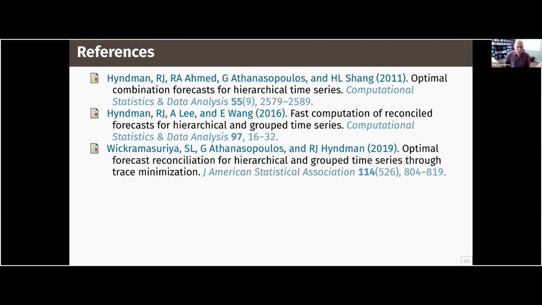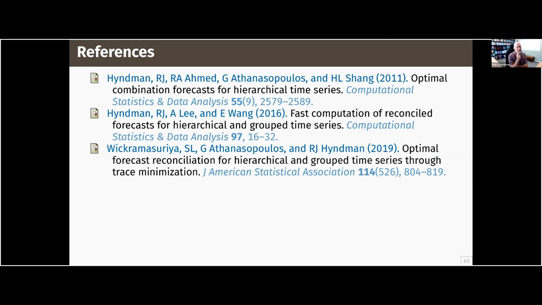Marty's asking, one main idea behind hierarchical forecasting is to generate coherent forecasts because we want to make consistent decisions across different levels. Do we know if these coherent forecasts lead to coherent decisions? Yeah, good question, Marty. So if you're forecasting at national level and state level and store level in some retail setting, and you're using those forecasts to decide something about allocation of resources, then you do want them to add up. So it makes sense from a decision-making point of view. And I'm going to give examples of that next week.